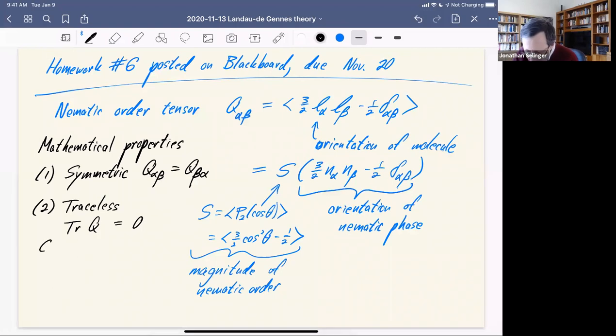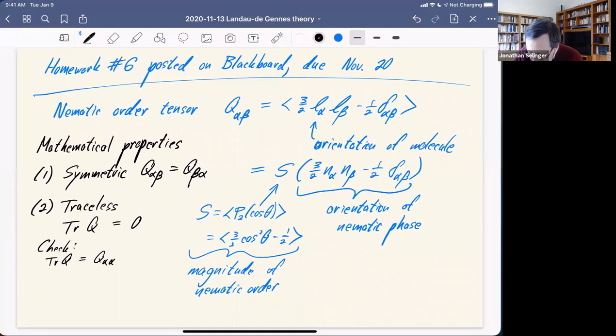So if we wanted to check it, the trace of Q is the sum of all the things on the diagonal. So it's QXX plus QYY plus QZZ. We could write it as Q alpha alpha, which is automatically summed over alpha equals X, Y, and Z.